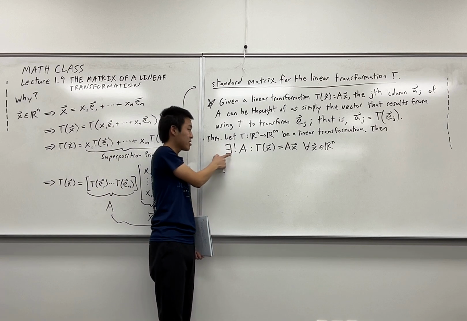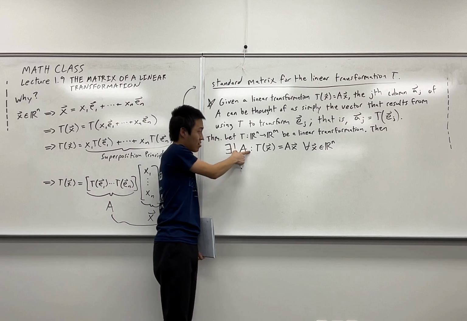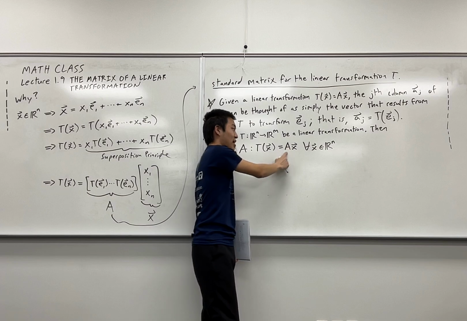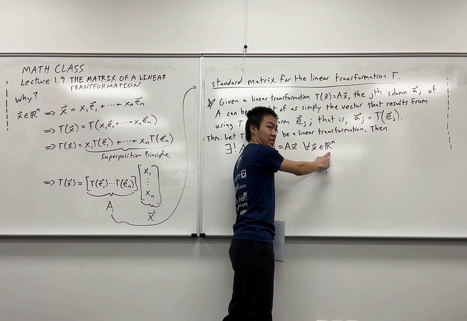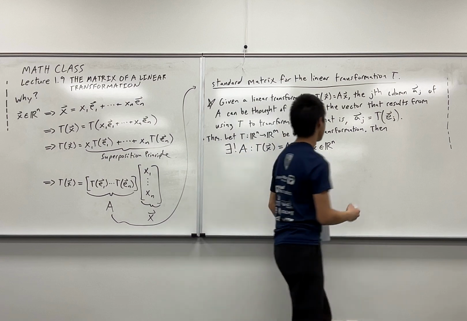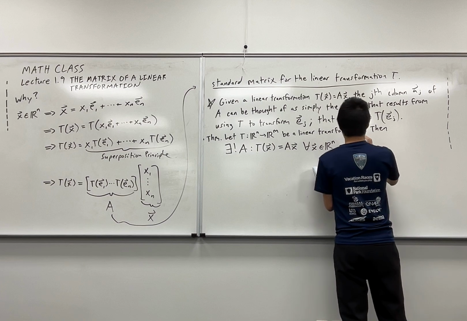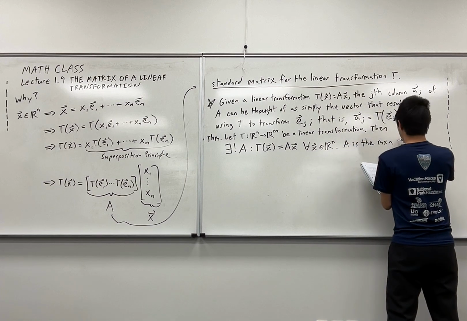There exists a unique matrix A such that T of x is equal to Ax for all x in Rn. A is the m by n matrix.